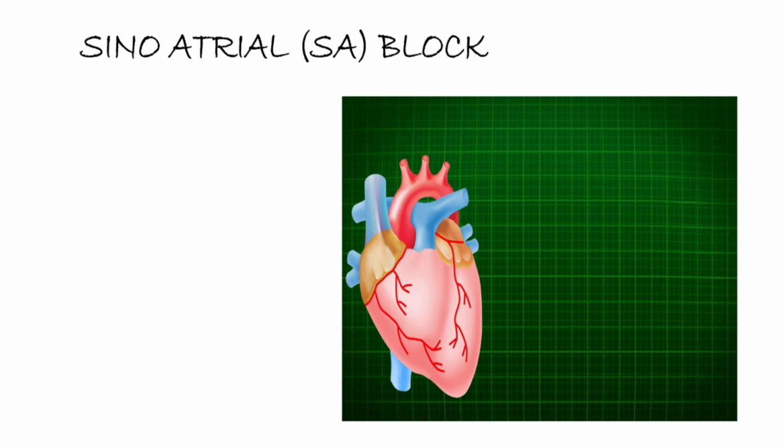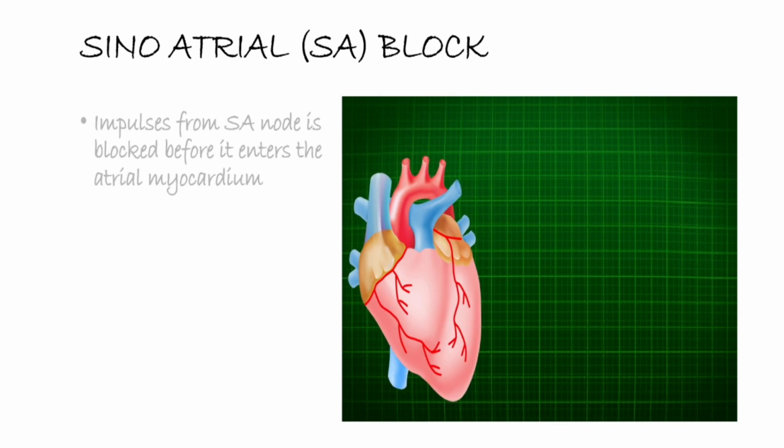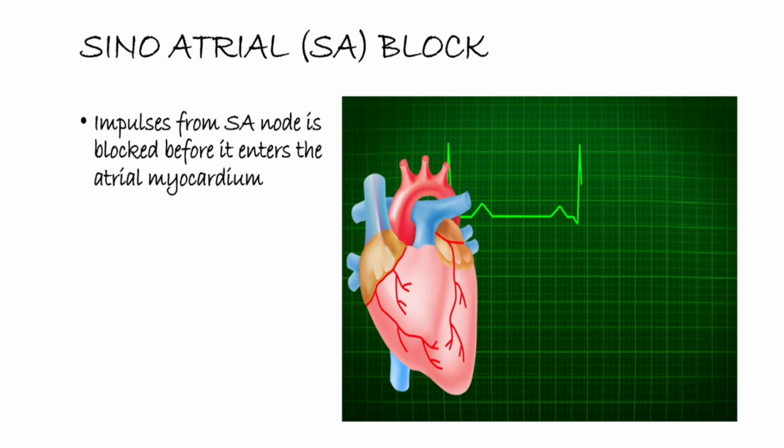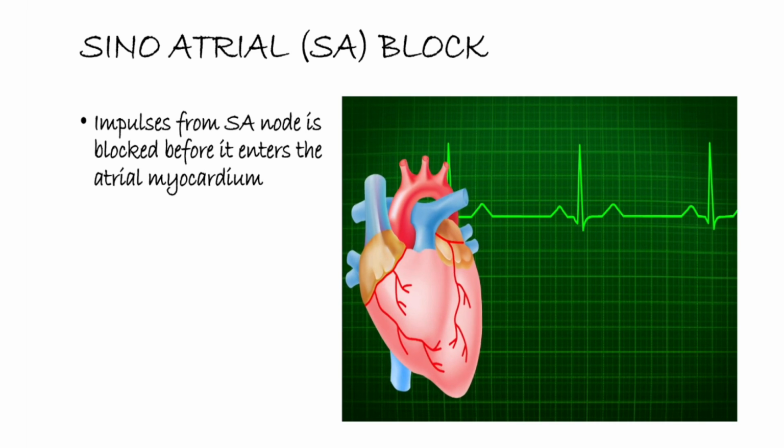Now, commencing with our discussion regarding the sinoatrial or SA block, sinoatrial node block, you can say that it happens in pretty rare cases. What happens is the impulse from the SA node itself is generated but is blocked before it even enters the atrial myocardium or the atrial muscle.